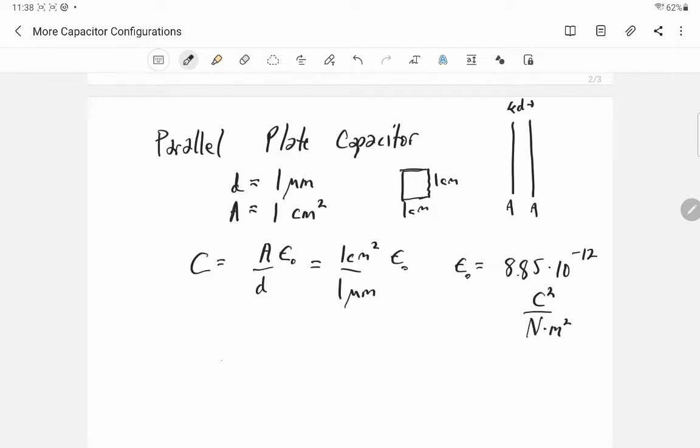So let's just calculate this out. I've got 1 centimeter squared and the 1 micrometer, so the ones are super easy. I'm going to have 8.85 times 10 to the minus 12, and then centimeters squared over micrometers, and then all these units, coulombs squared per newtons times meters squared, right?